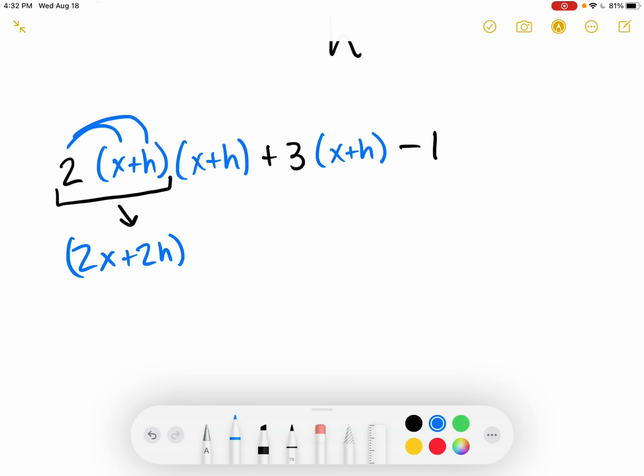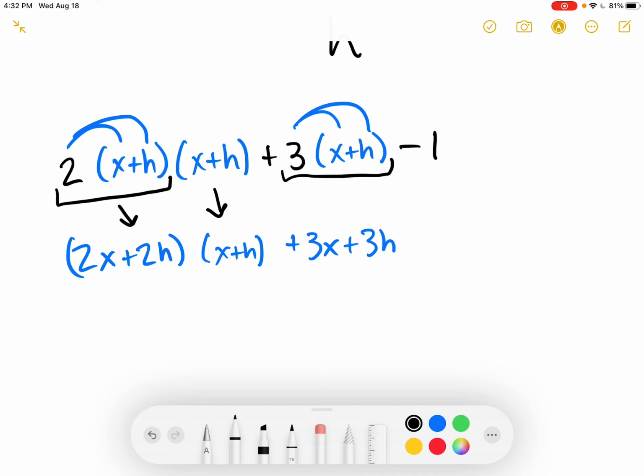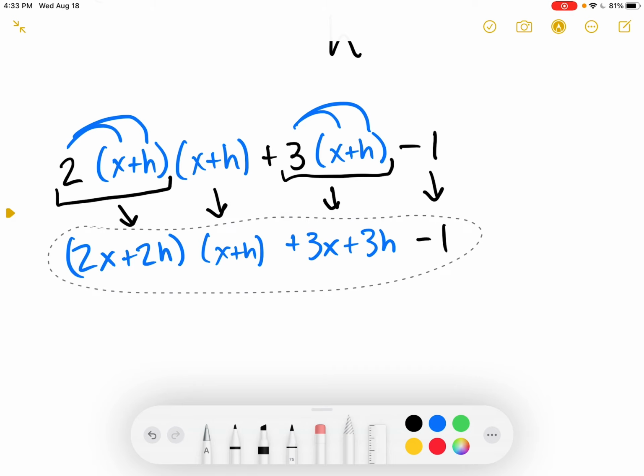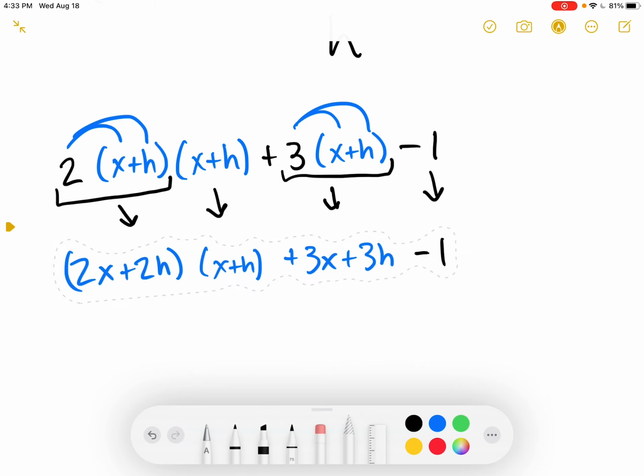I'm going to rewrite this part down here, x plus h. Now I'm going to distribute this 3 into here. So 3 times x is plus 3x. 3 times h is plus 3h. All right, so I'm again using arrows to show you that this became this. And then the minus 1, I'm writing it down here. I'm going to need more space, so I'm going to move this down a little bit, but I just want to make sure you guys understood where everything went.